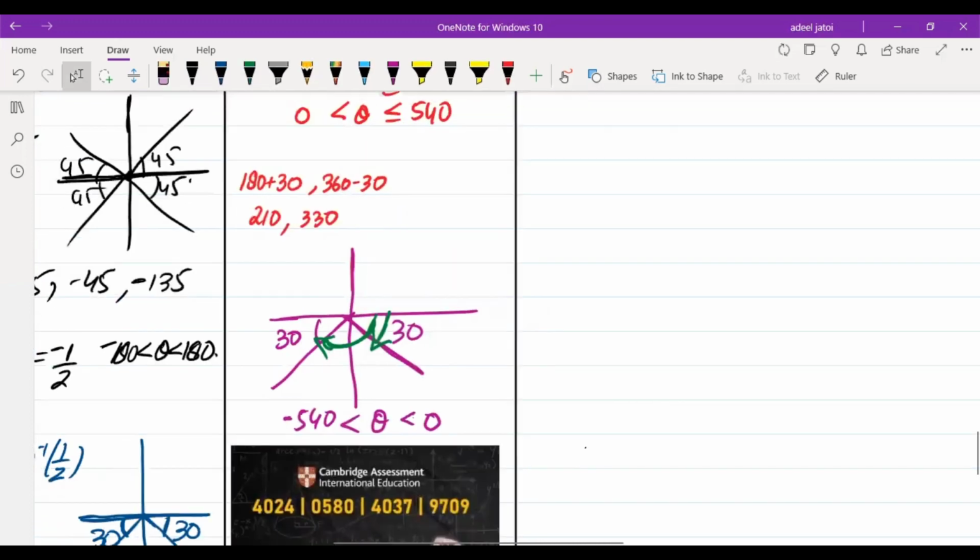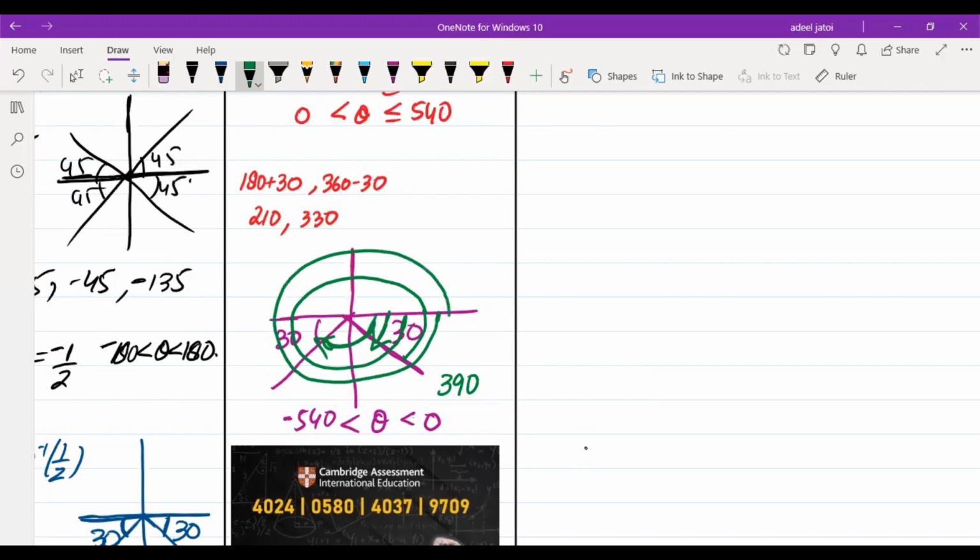But now, if I further extend, I can see that it crosses 180 till negative 360. I do not find any angle. But after negative 360, I can see another angle, because I need to go to negative 150. So considering 360 plus 30, another angle will be 390. Then starting all over again, we cross the first angle, we cross the second angle, we are moving towards the third angle.